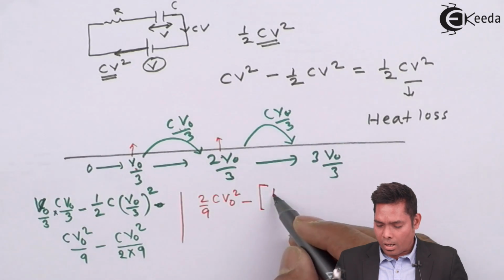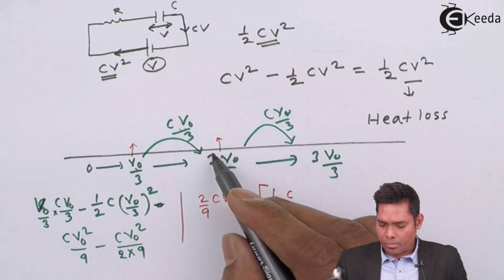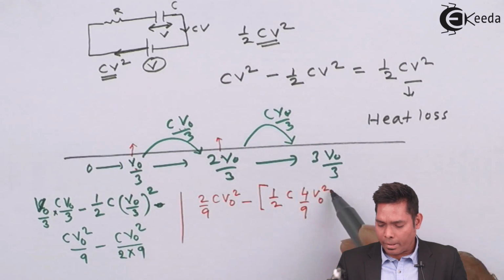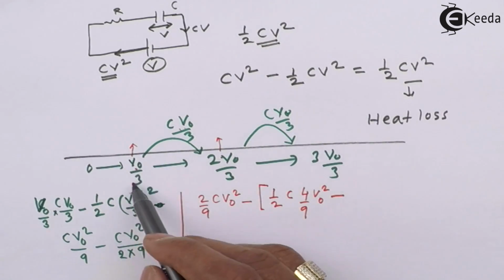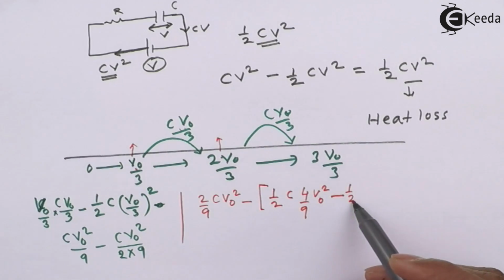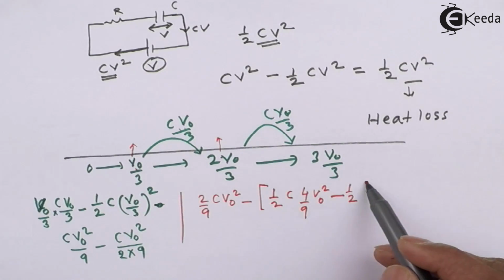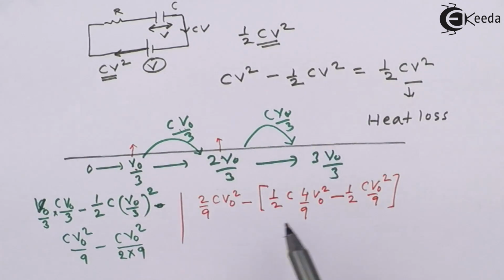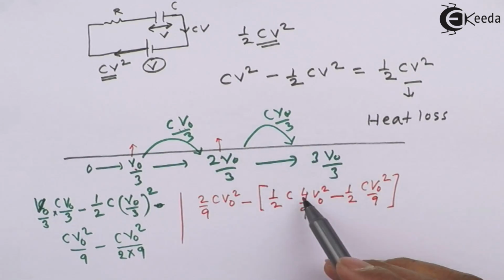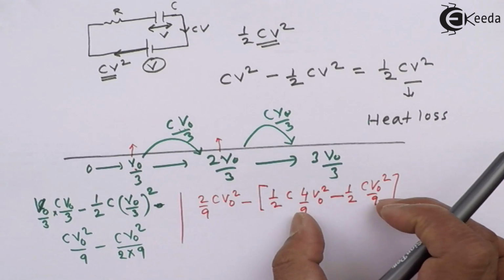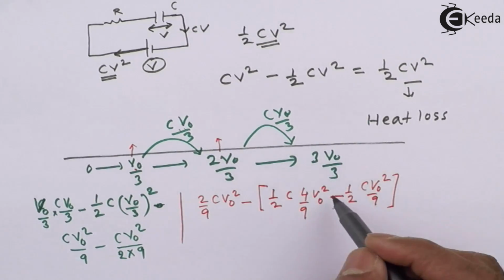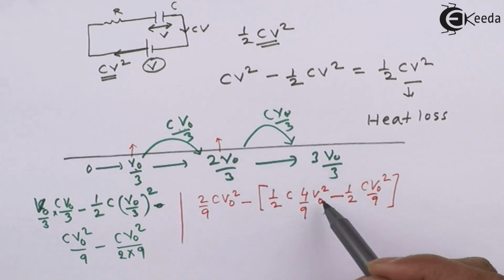Final energy is half C this square, that is 4 by 9 V naught square, minus this one, half C V naught square by 9. This is the actual energy that is stored, because it was already there and now it is here. The difference is the energy stored, and the rest goes to heat.